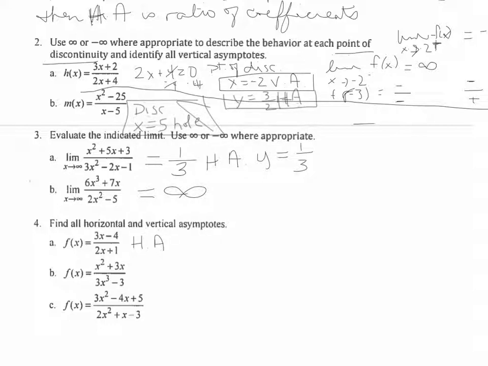My options are, I either have a horizontal asymptote at y equals 0 if the bottom's growing faster than the top, I have a horizontal asymptote at the ratio of the coefficients if the exponents are the same, or I have no horizontal asymptote because the thing is unbounded, the top's growing faster than the bottom. What do you think we have as far as a horizontal asymptote on A? And it's y equals 3 over 2. Horizontal asymptotes are y equals equations. Okay?